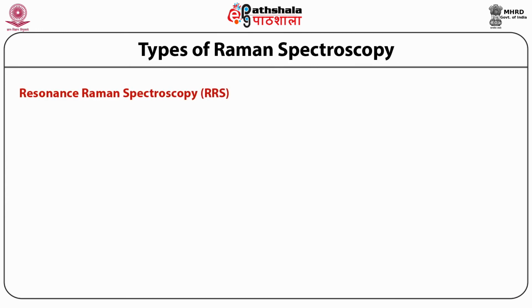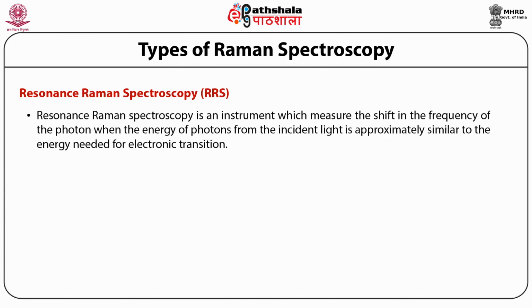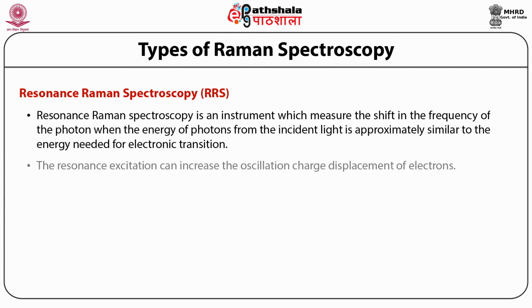Students, now let us see the fifth type of Raman spectroscopy, that is the resonance Raman spectroscopy, or RRS. Resonance Raman spectroscopy is an instrument which measures the shift in the frequency of the photon when the energy of photons from the incident light is approximately similar to the energy needed for electronic transition. The resonance excitation can increase the oscillation charge displacement of electrons.